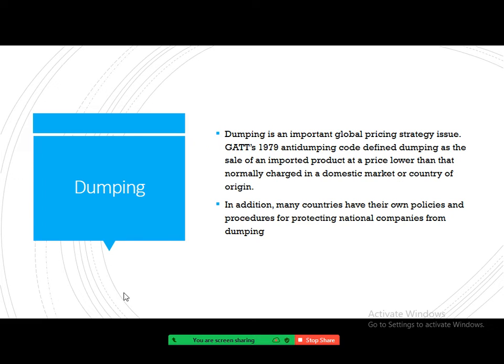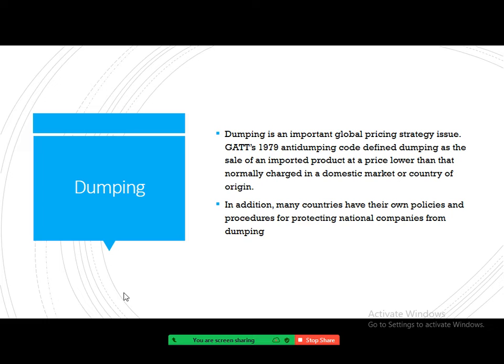In addition, many countries have their own policies and procedures for protecting national companies from dumping. For example, China has retaliated against Western anti-dumping rules by introducing some rules of its own. China's State Council passed anti-dumping and anti-subsidy regulations in March 1997.